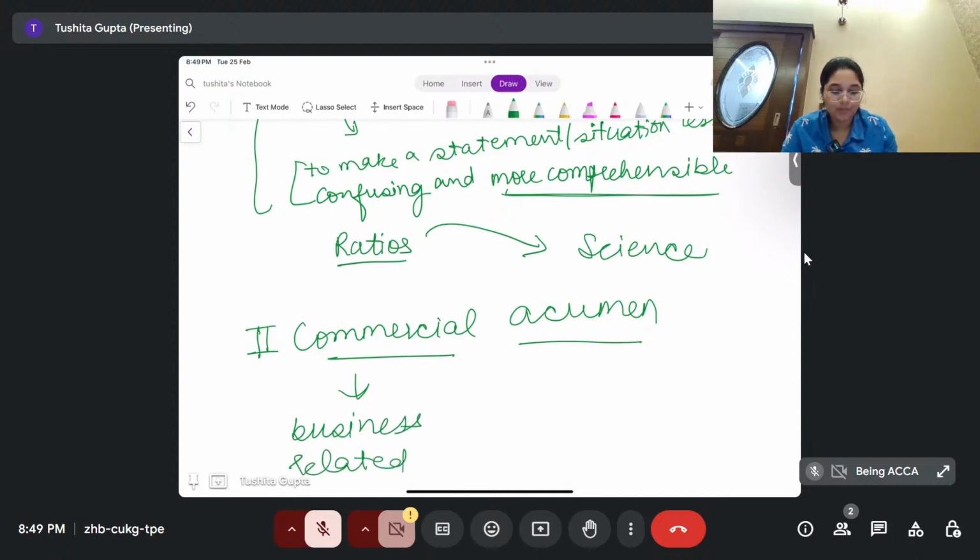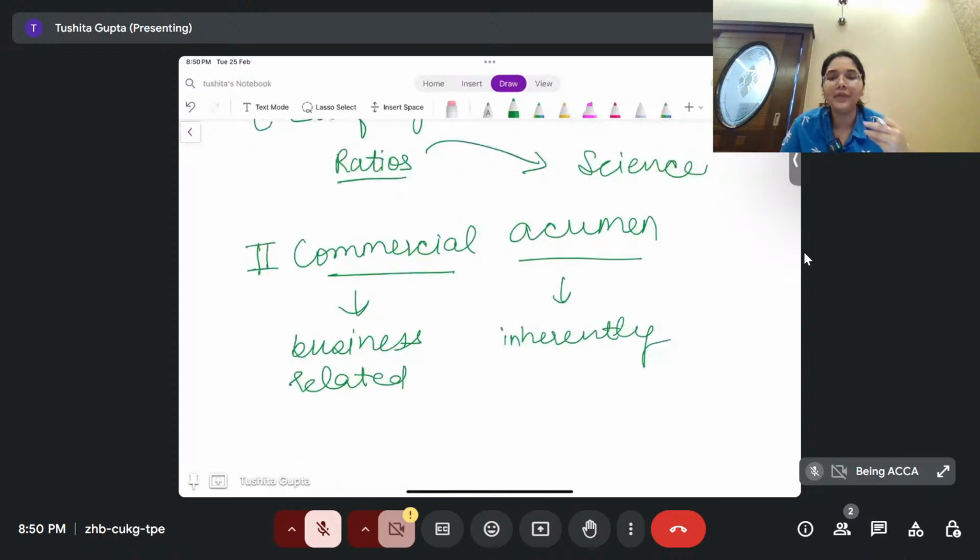And acumen means knowledge, or how much you inherently know about something. To give you an example, a few people are known to be good at business, right? Their mind works in a very business friendly sense. A few communities worldwide, Jews are known to be very good businessmen.